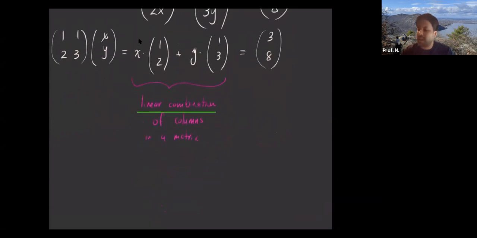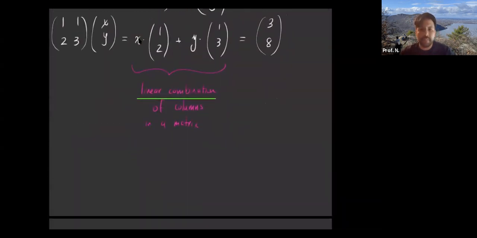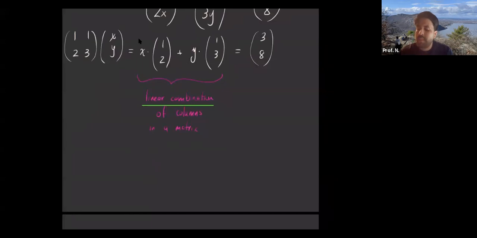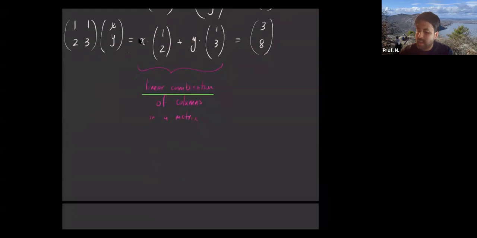And then this is where it becomes something geometric. You can interpret this geometrically, and that's why the vectors come into play. So we can think of this in two-dimensional space.